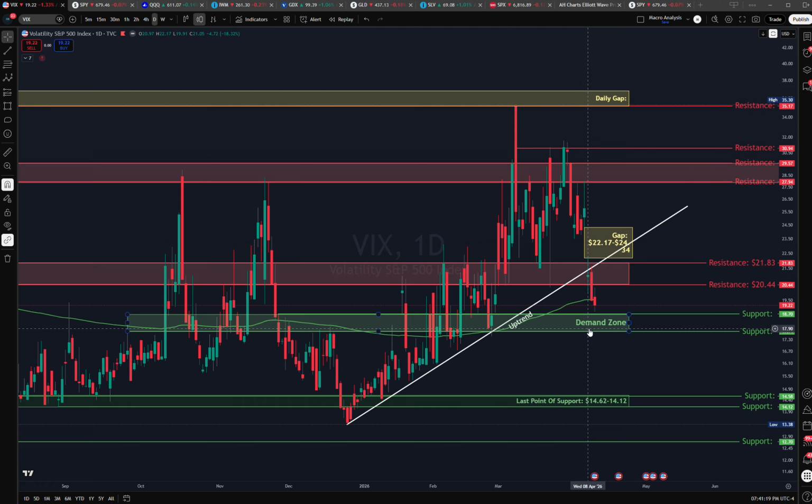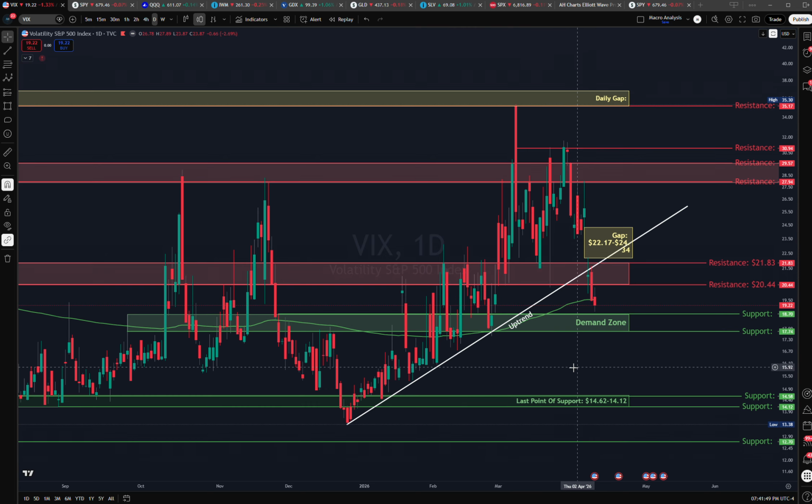The way I look at it for confluence is, if VIX is at a demand or support level, I want to make sure SPY, QQQ, or IWM is at a resistance level, not at some random level on a chart. I want to make sure my risk to reward is good if I'm taking a trade. I'm not going to get every trade perfect, but I want to do everything on my part to make sure the probability of winning that trade is over 50%, or somewhere around 60%.